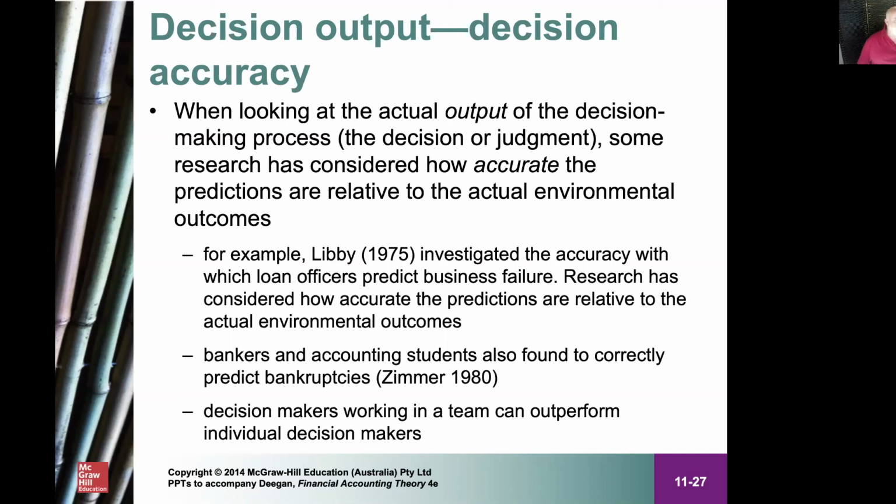Research has considered how accurate the predictions were relative to what actually happened. Bankers and accounting students were found to correctly predict bankruptcies according to Zimmer. They also found that decision makers working in a team can outperform individual decision makers.